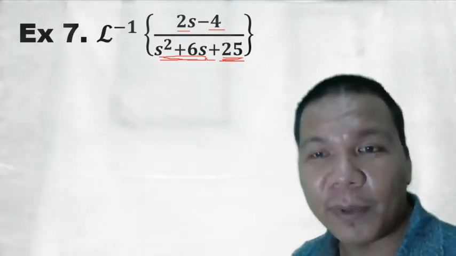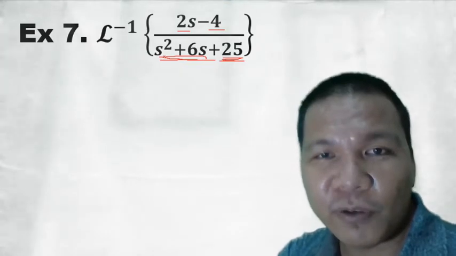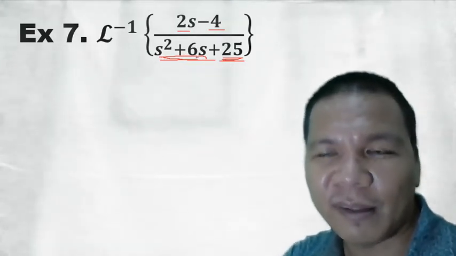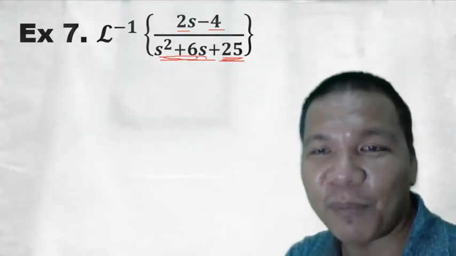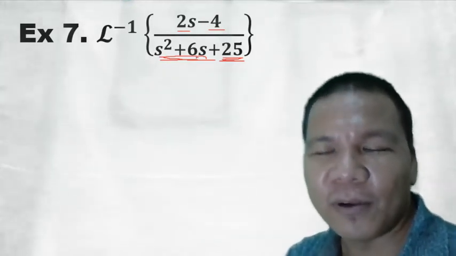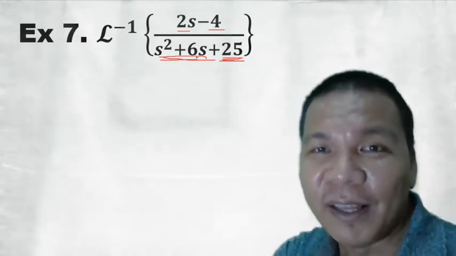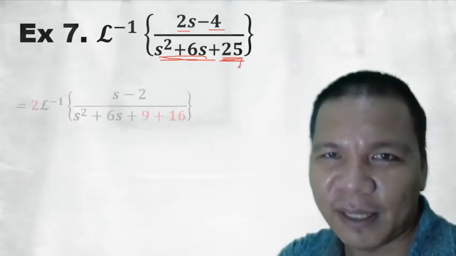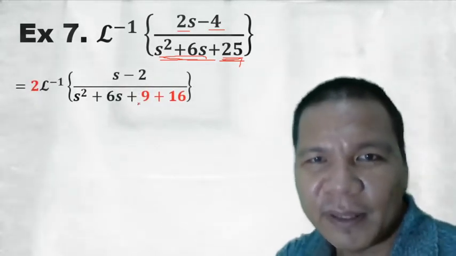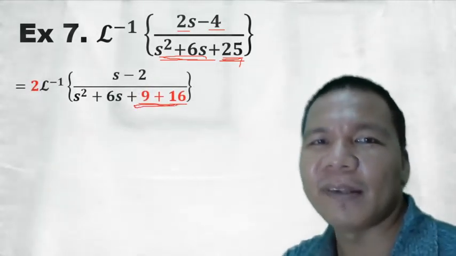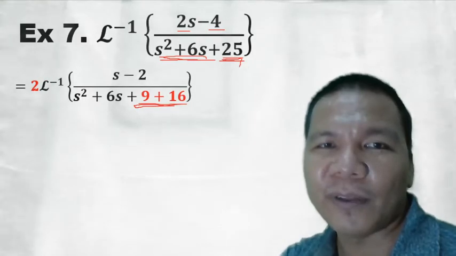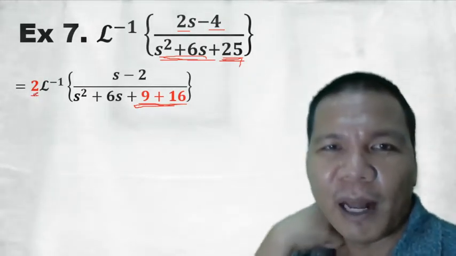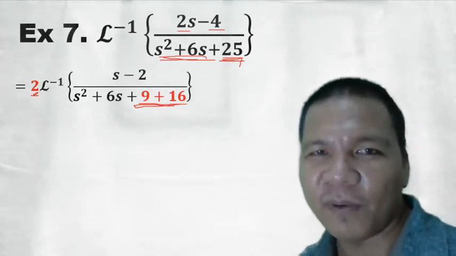What should be that number? What should be the number that will be added to s squared plus 6s so that it will become a perfect square trinomial? Correct. It's 9. So if I split 25 into 9 and 16, this is the split number, 9 and 16. Take note, we factor out 2 and take that out outside your inverse Laplace transform sign.